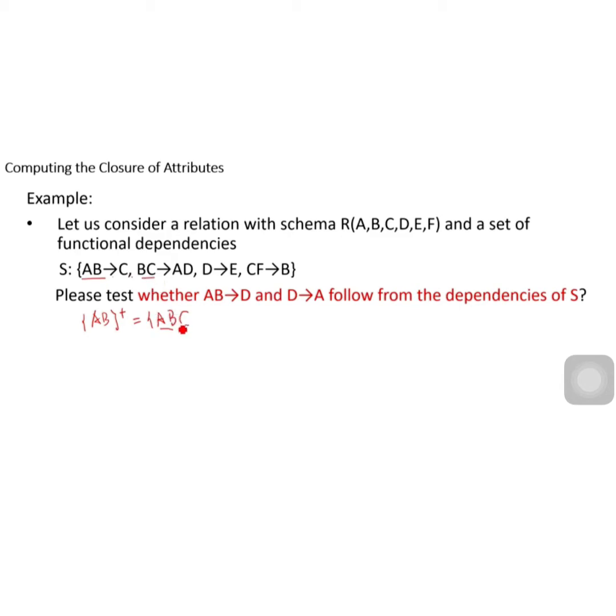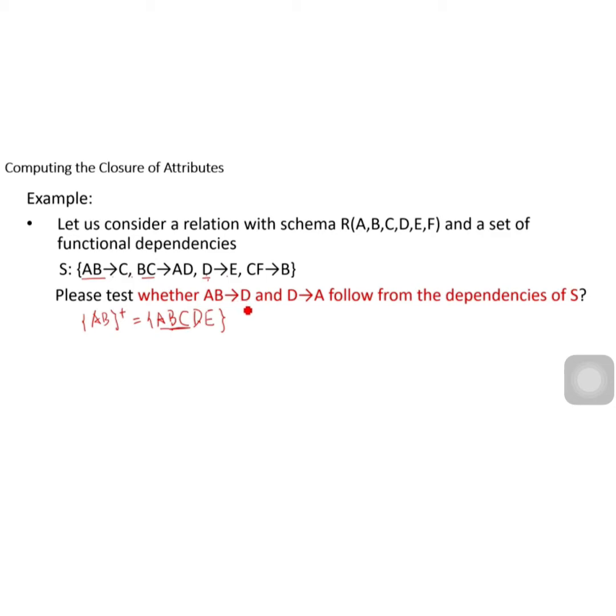We can find BC here, so let's add D. D functionally determines E. D is in the current closure, so E is added. Now CF. We cannot find CF here. Check again. No new attribute can be added. Then the closure of AB is A, B, C, D, E.